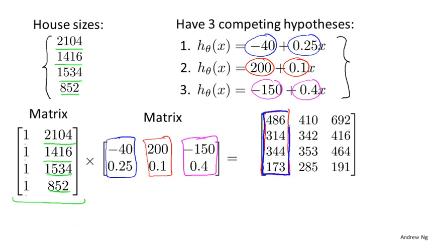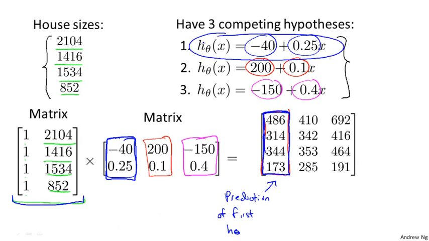Well, how do you get this first column? Our procedure for matrix-matrix multiplication is, the way you get this first column is you take this matrix and you multiply it by this first column. And we saw in the previous video that this is exactly the predicted housing prices of the first hypothesis, of this first hypothesis here.